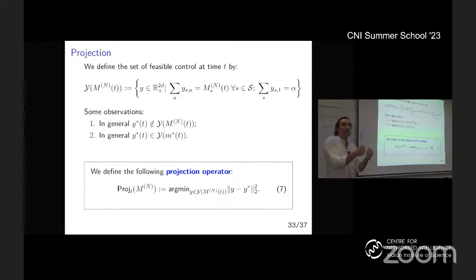Let me perhaps summarize it to give you a hint of what's happening. When N goes to infinity, you converge to M star and Y star, and therefore, when N goes to infinity, it's equivalent to solving the N-arm problem.